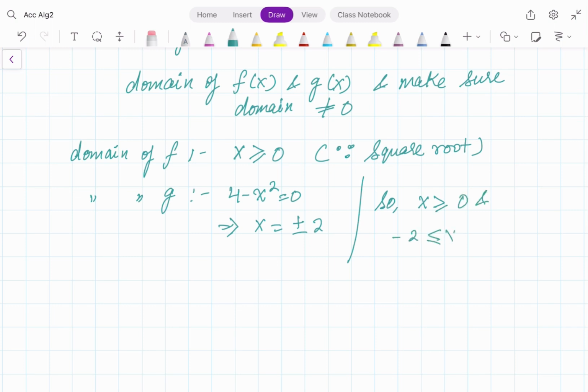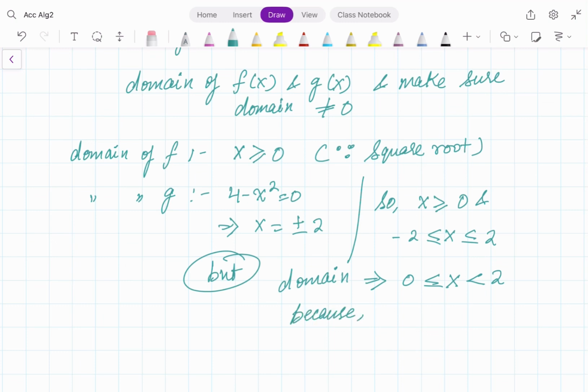But from the domain of f and the domain of g, we can conclude that we cannot take x equal to 2, because if I take x equal to 2, it will make g of x undefined. So we cannot include x equal to 2.